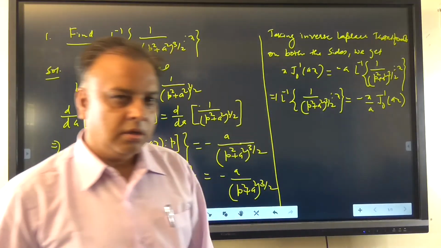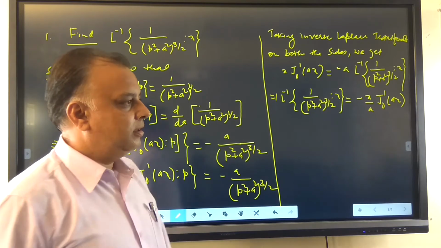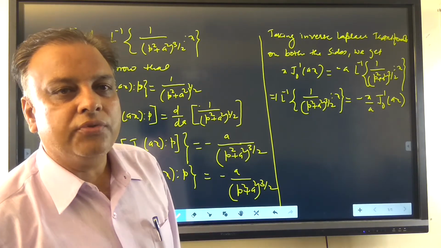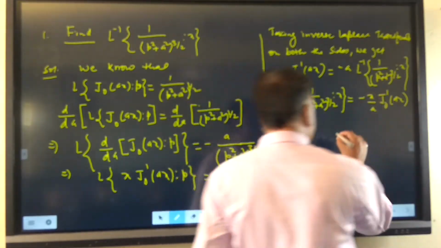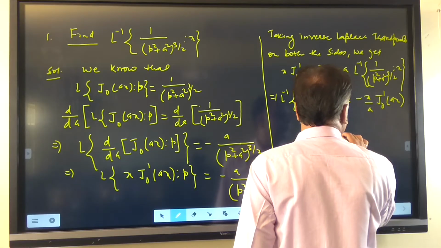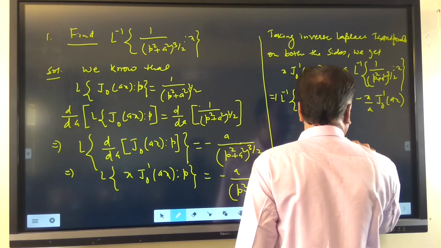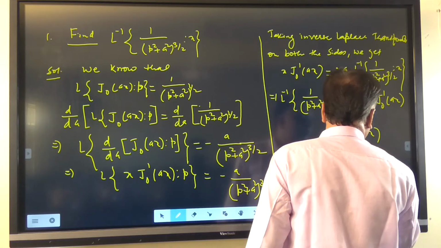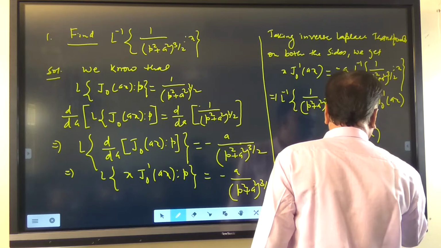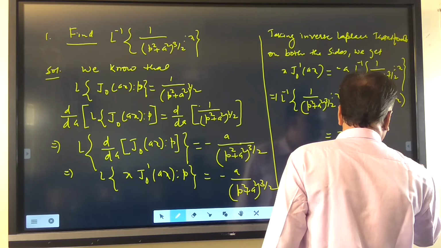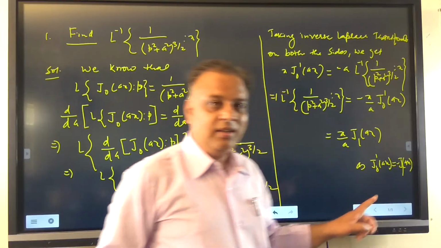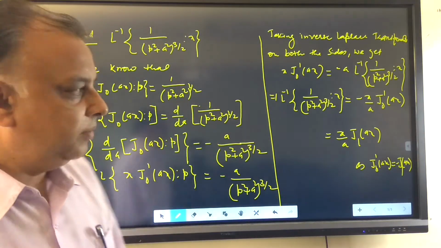And as we know, J0 dash (ax) equals minus J1(ax), which is the recurrence relation of the Bessel function.